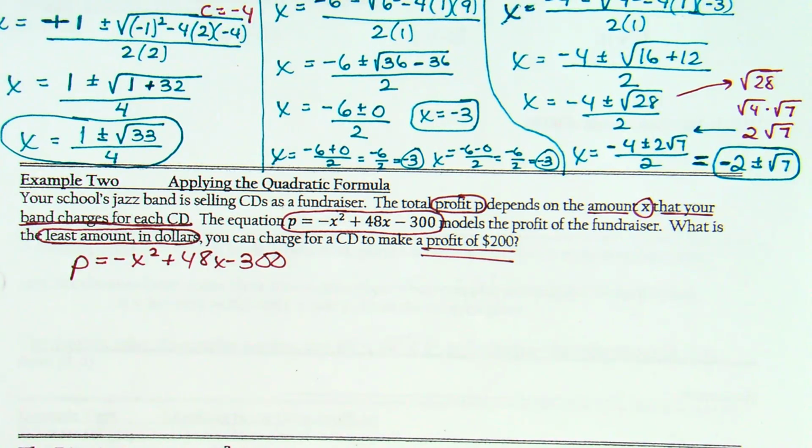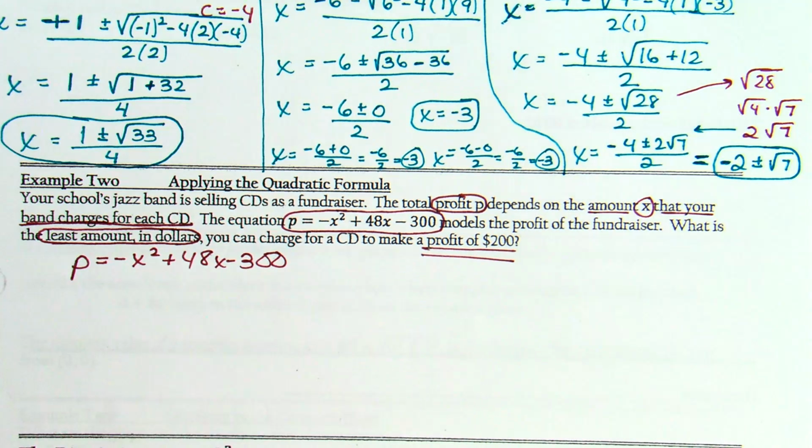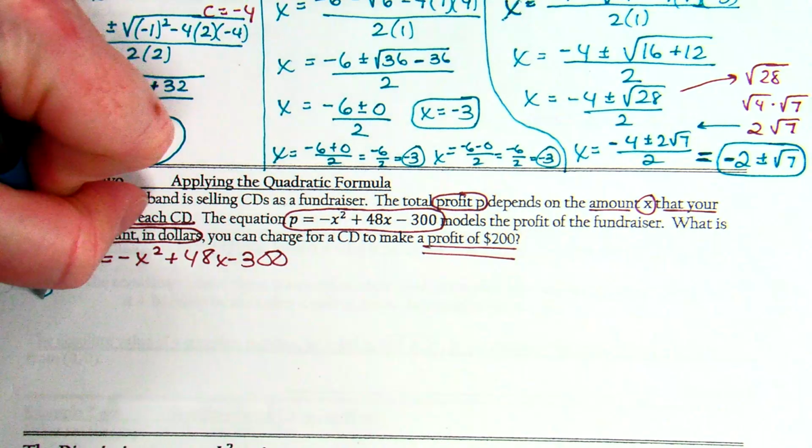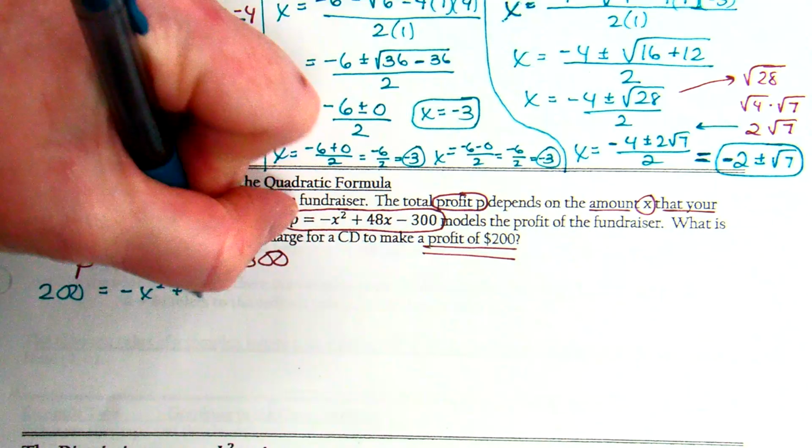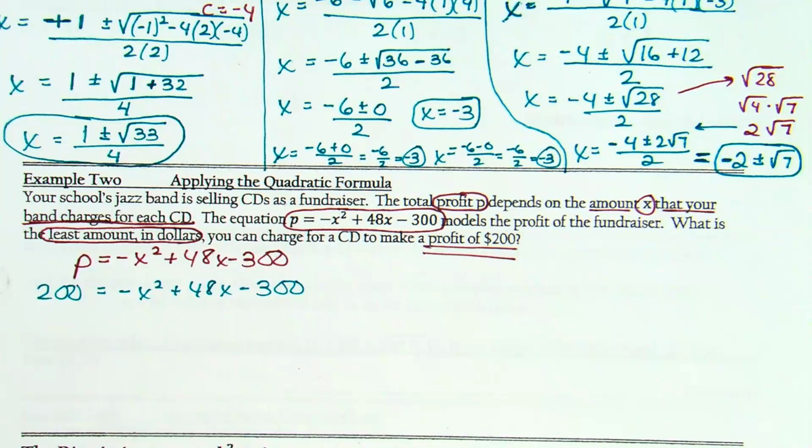P. So where do we put that 200 in? For P for profit. So 200 equals negative x squared plus 48x minus 300. And they want to know what's the least amount you can charge for a CD. So that's x, right? How much do you charge for that CD? That's x.